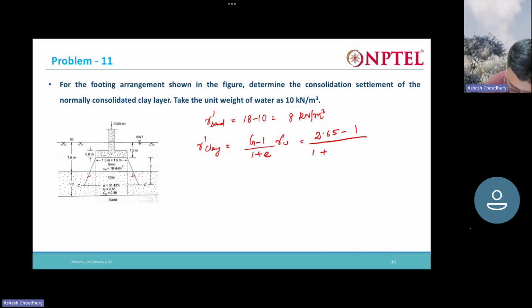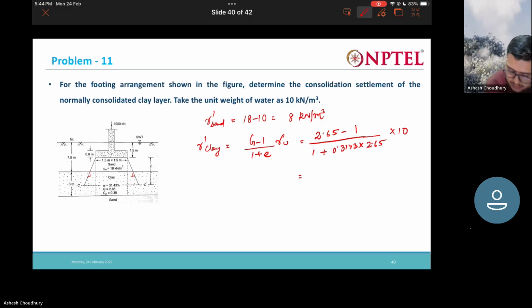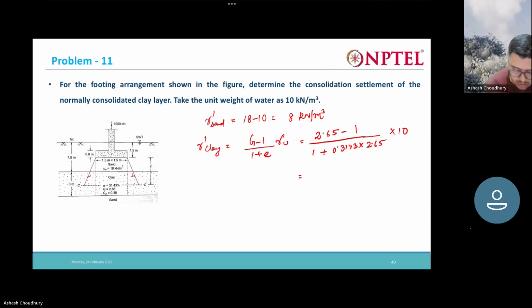What is e? e is nothing but w into G. So w is 0.3143 into G, times 10. Calculate this and see how much the submerged unit weight of the clay is. It should be 9 kilonewton per meter cube.